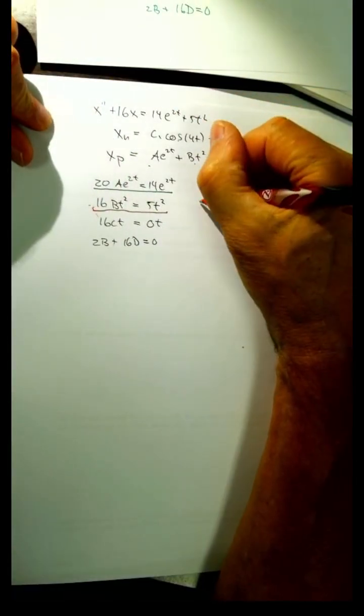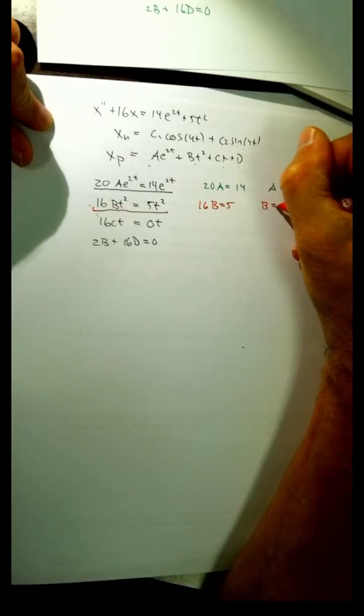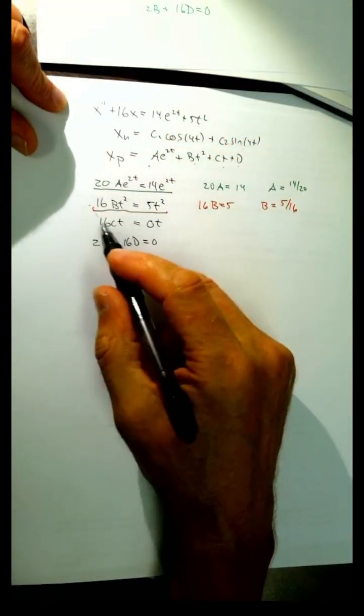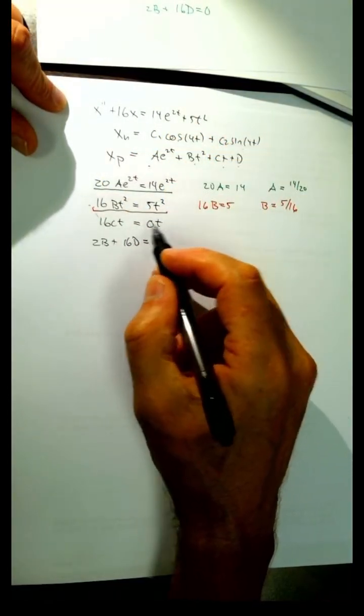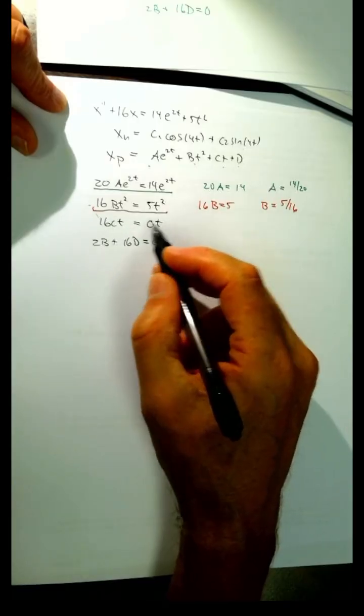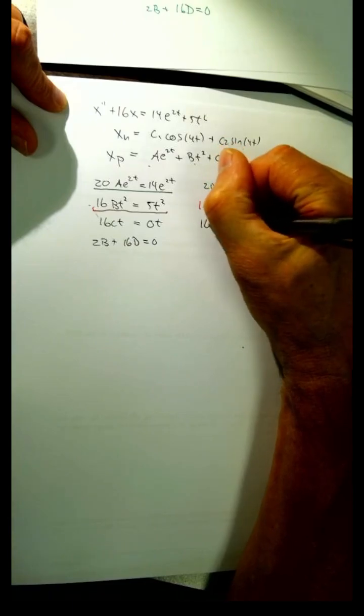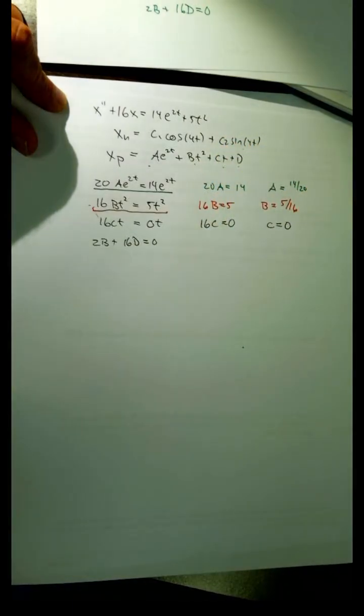And that can only be true if 16b equals 5, or b equals 5/16. This also has to be true for all time, no matter what the time is. If t is 0, 1, 2, 3.5, square root of 5, whatever, that has to be true. And that's only going to be true if 16c is 0, which implies that c is 0.